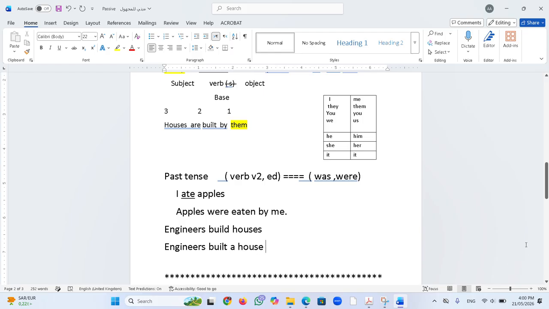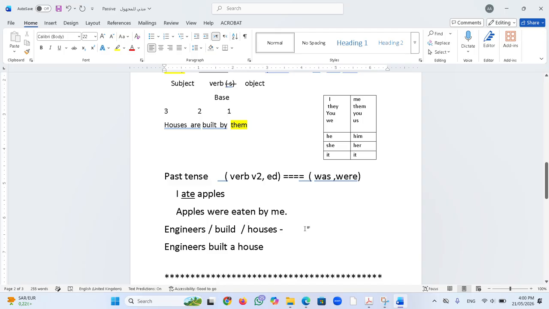Here we can find the differences between all the structures that we have studied. Okay, let's answer the first one. We divide the sentence to 1, 2, and 3. Now we will take 3, 2, 1.